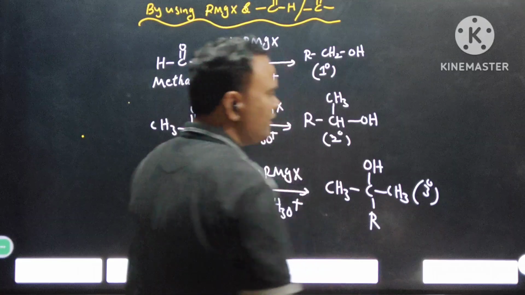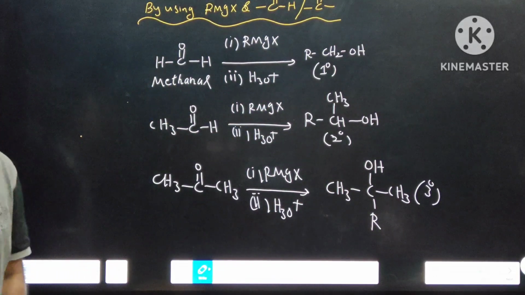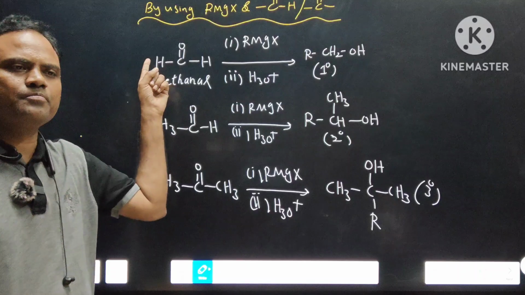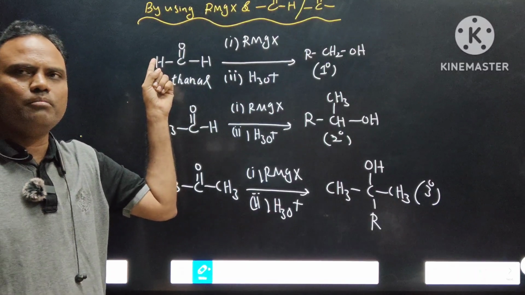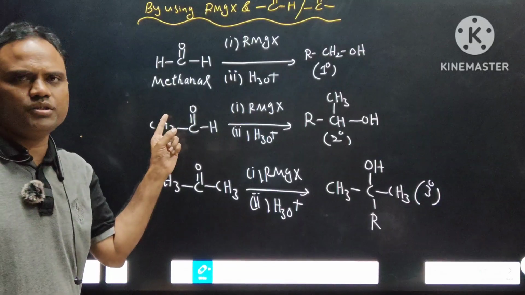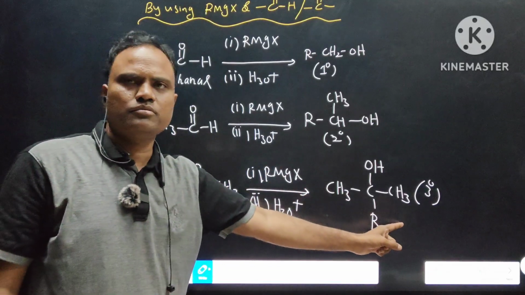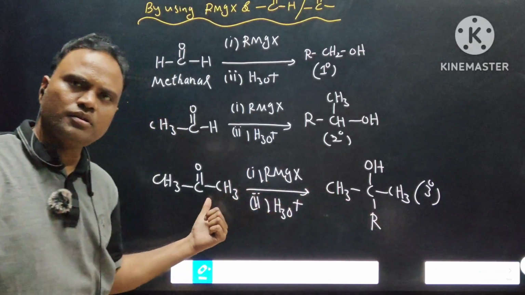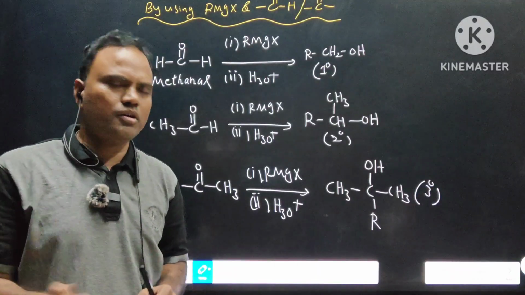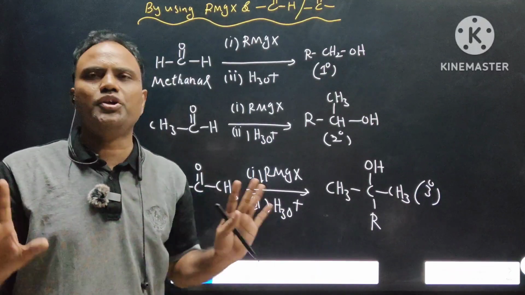First you should have an idea about the type of alcohol produced. You get primary alcohol when you take methanal or formaldehyde, secondary alcohol when you take acetaldehyde, and 3-degree alcohol when you take acetone. This is the general idea. Now let us start the mechanism. No need to learn any reaction by heart.